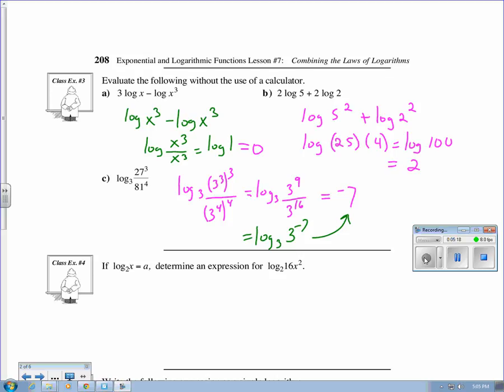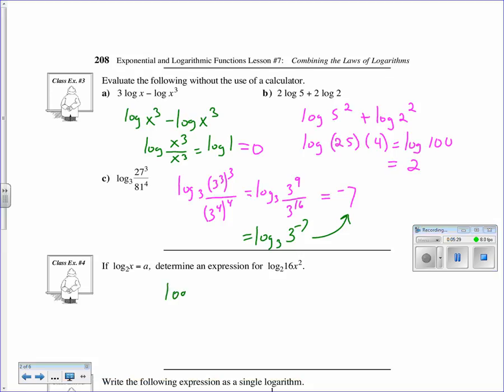So here I see some of the strangeness that logs can generate. I've got a single log, which means I could expand it. And I'm going to see what that looks like. That expands to log base 2 of 16 plus log base 2 of x squared.